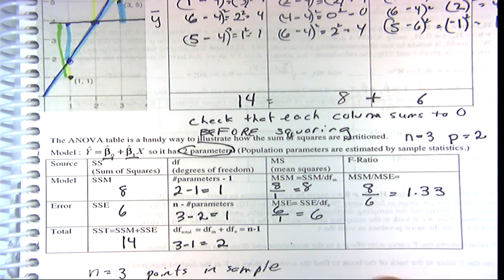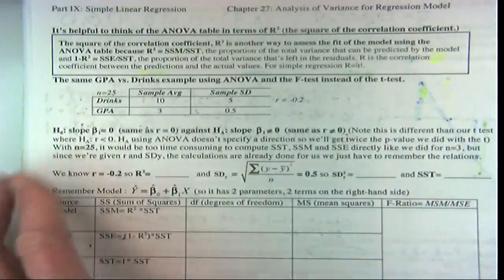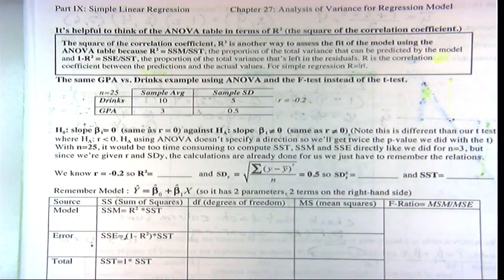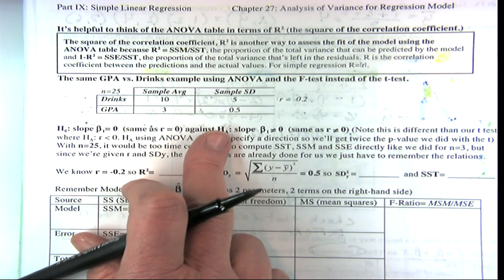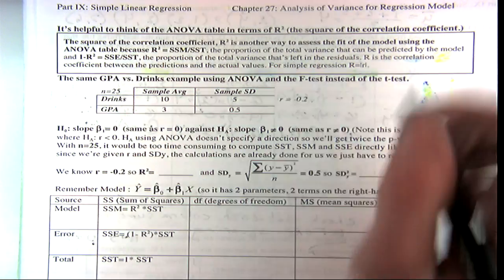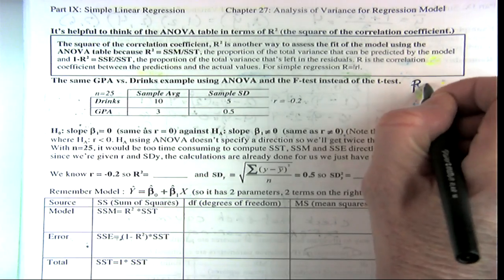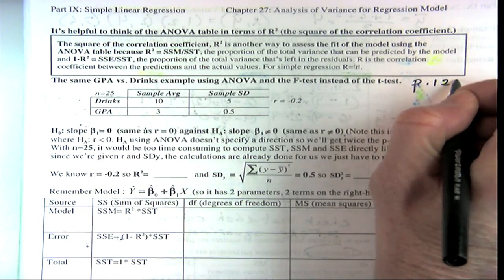This was just with 3 points. Now we're going to do the same thing with an example that we already worked out before. This is the same example that we looked at on drinking and GPA, the same one we saw on page 123.